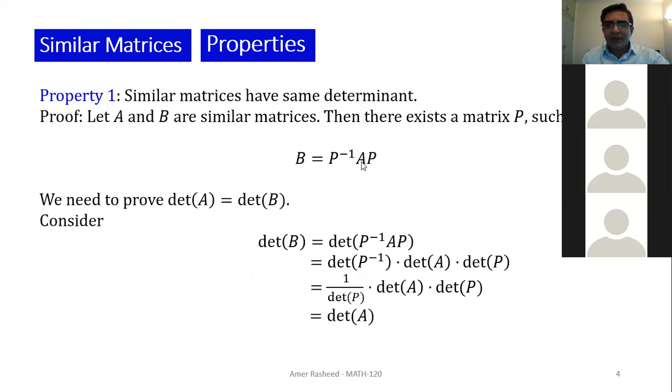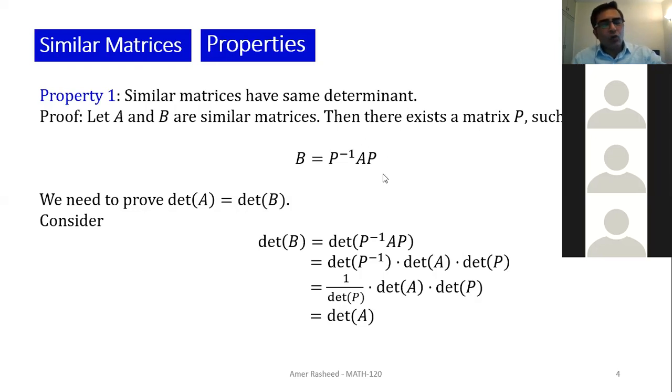You cannot write AP is equal to PA because the commutative law in matrices does not hold. AB is not equal to BA. We cannot commute two matrices. So we have to multiply P inverse, A, P in this order. We cannot interchange A and P.